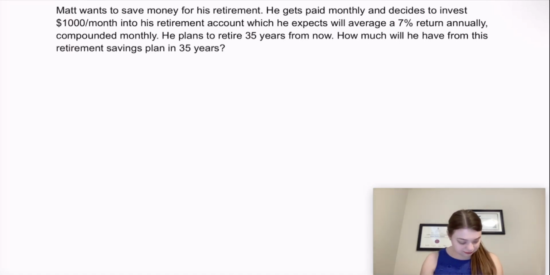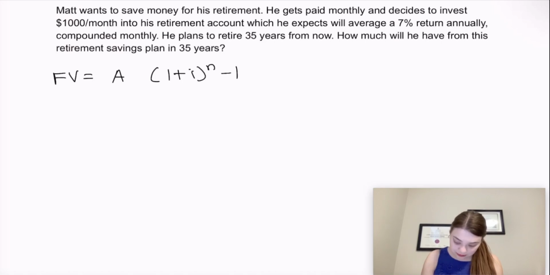So let's write down the future value equation for annuities specifically. Future value is equal to A times (1 plus i) to the power n, minus 1, over i. A is the cash flow.